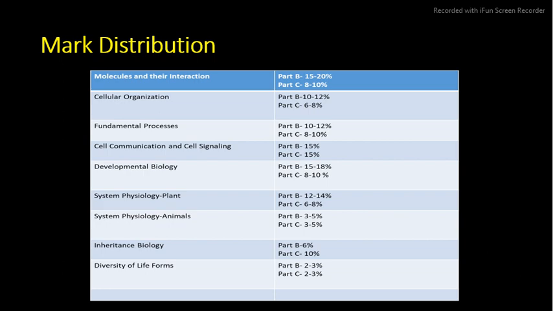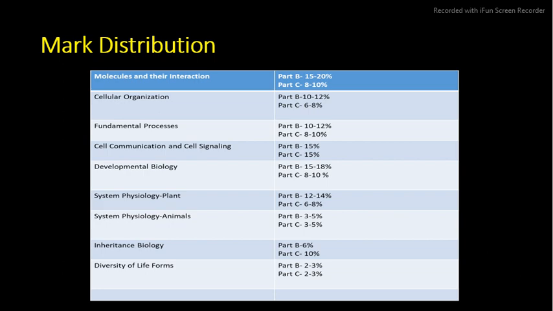Then cellular organization, part B 10 to 12 percentage, and part C 6 to 8 percentage marks will be asked from cellular organization. Then fundamental processes, in part B there will be 10 to 12 percentage, and part C will be containing 8 to 10 percentage.